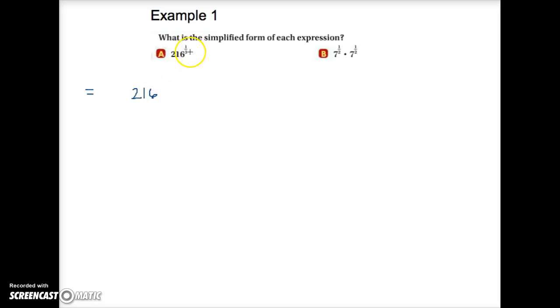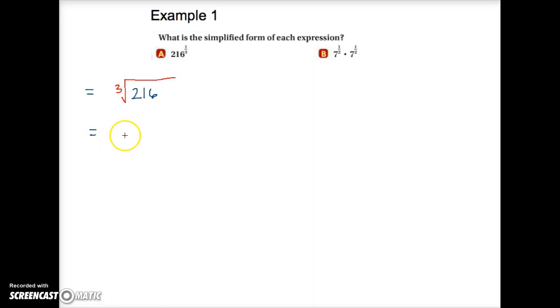The denominator is 3, so that becomes our new index. Now we have just rewritten that, and then we can simplify this as usual. If you want to pause it now and try to simplify this, you can, but we'll go ahead and simplify this.